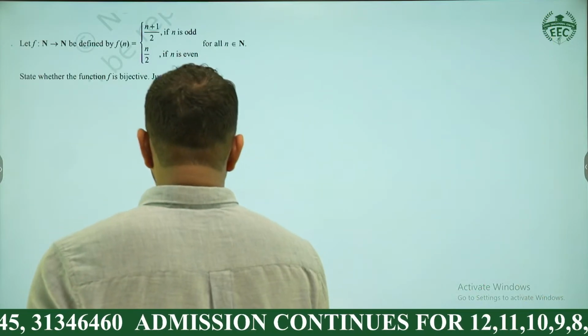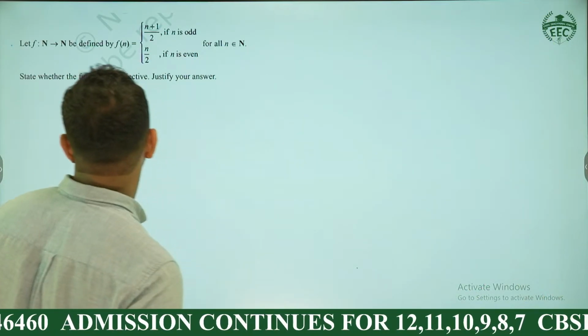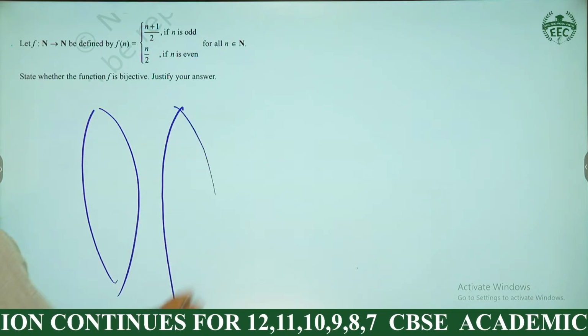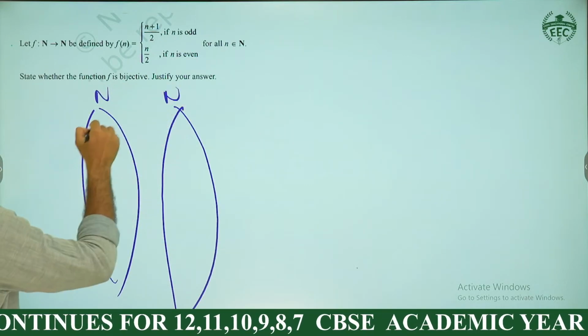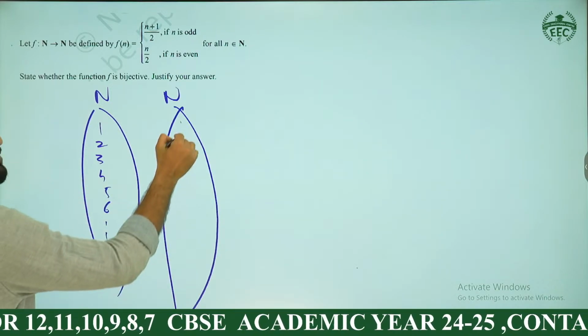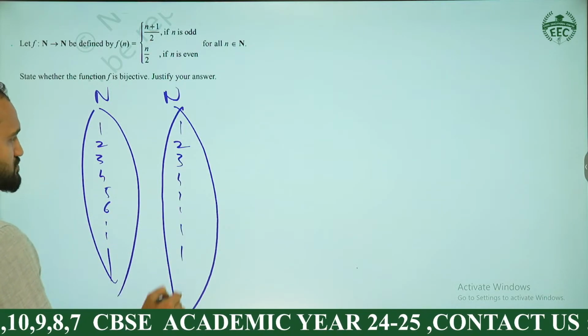Now people, let me wind up this section with one more question. Listen. A function is defined on natural numbers, which means N to N. Natural numbers contain 1, 2, 3, 4, 5, 6, etc., up to infinity. This also contains the same thing.